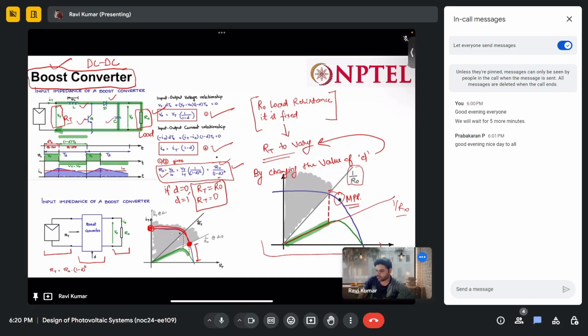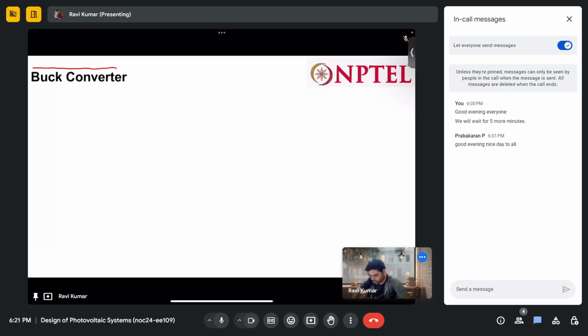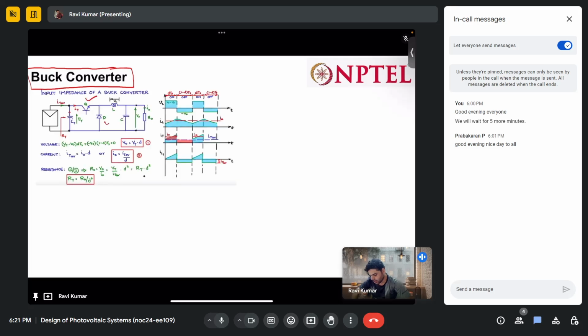Okay, so if the boost converter has a limitation, can we have some other converter as well? Yes, we have one more converter, that is the buck converter. Let us understand what this buck converter is. In this buck converter, these are the components: switch, diode, capacitor and inductor.